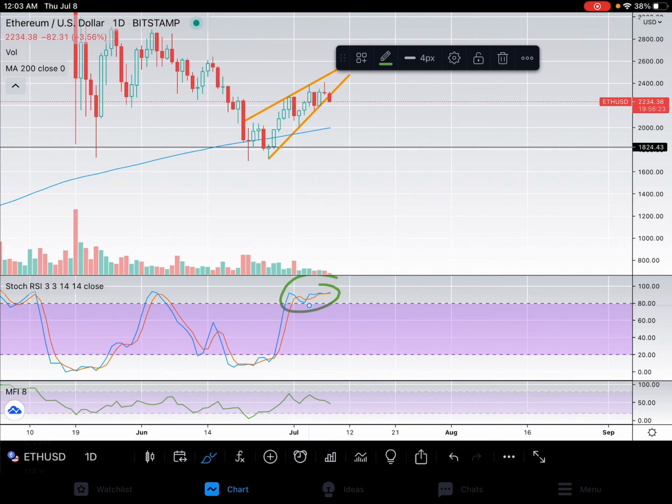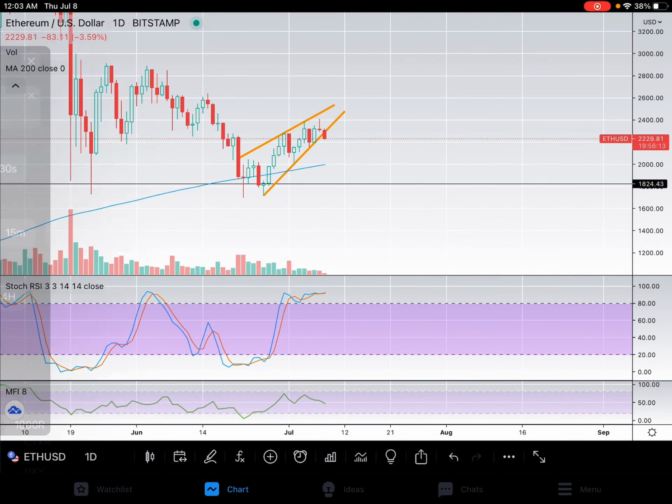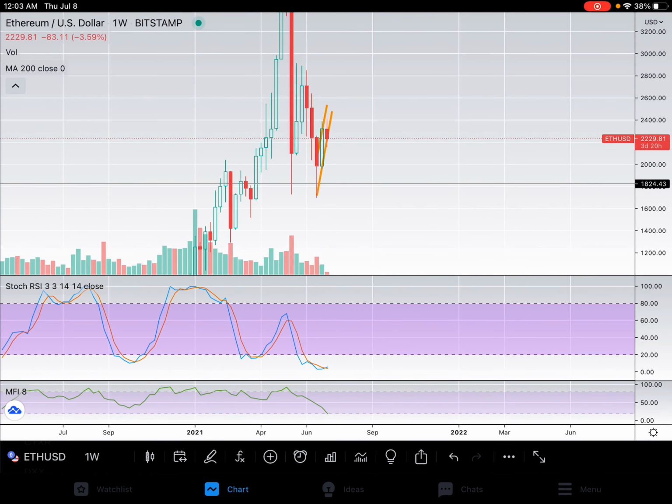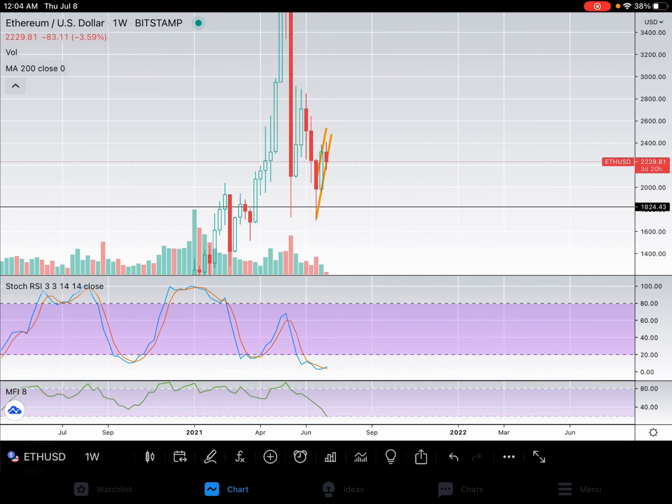But on a weekly scale, this thing's still looking good. I mean, look at it. MFI is approaching oversold. Stock RSI, the oscillators, is crossing.